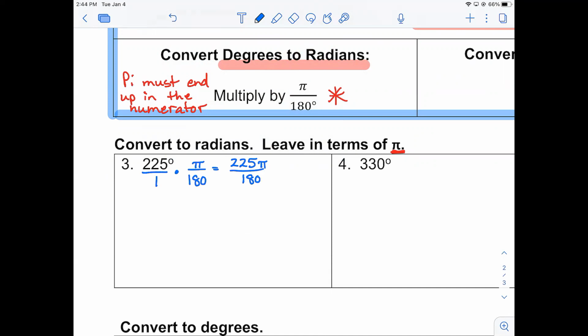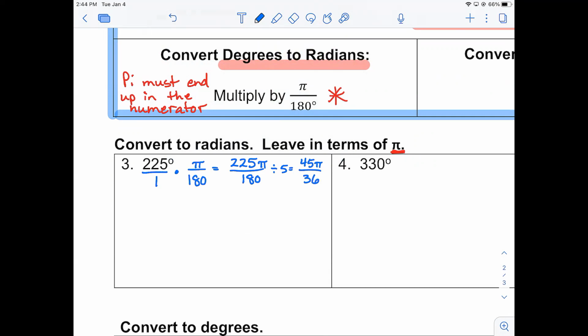Now, we don't want to leave this as a giant fraction like that. We want to reduce and simplify this. If I divide both of these by 5, 225 becomes 45 pi, and if I divide 180 by 5, 5 goes into 18 3 times, and I have 30 left over, so 30 divided by 5 is 6.